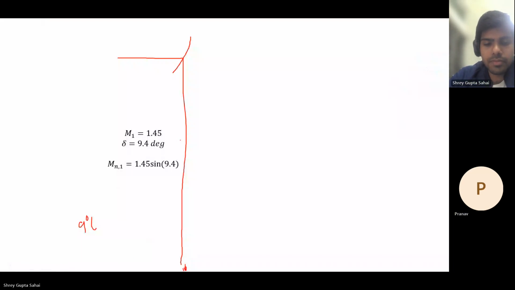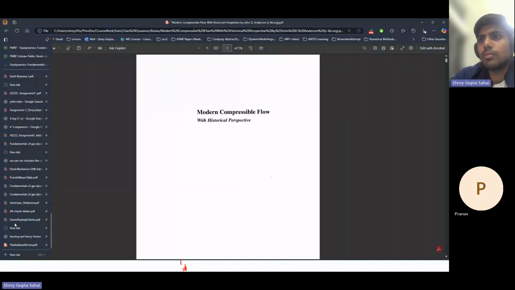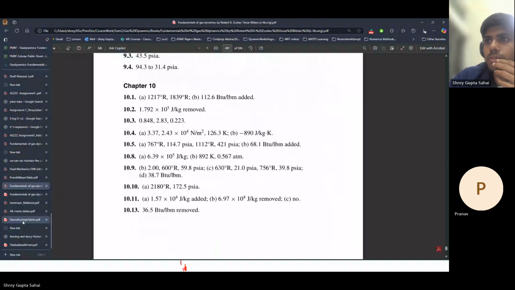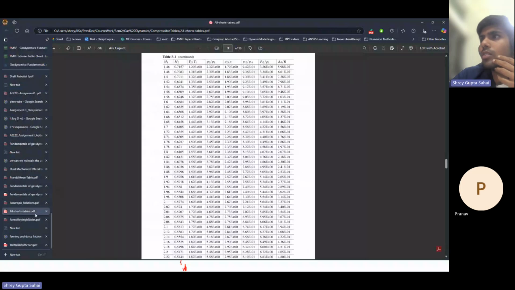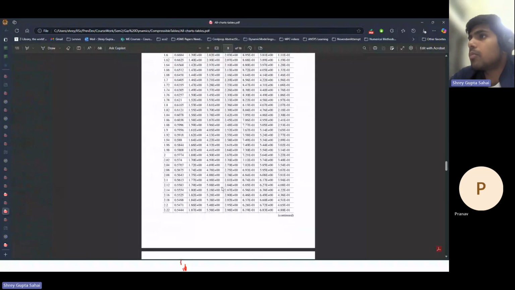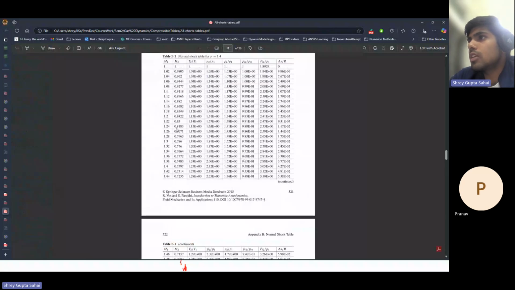So now just use the table to find the subsonic MN2. For 1.247, the Mach number is closely 0.81.